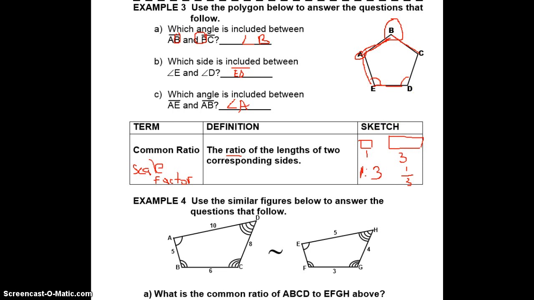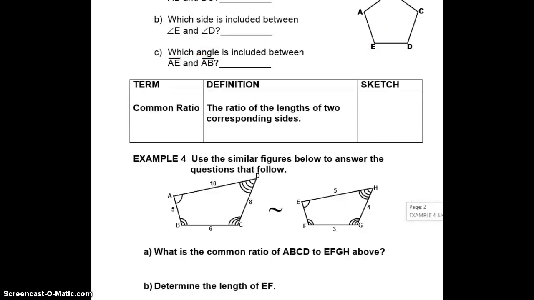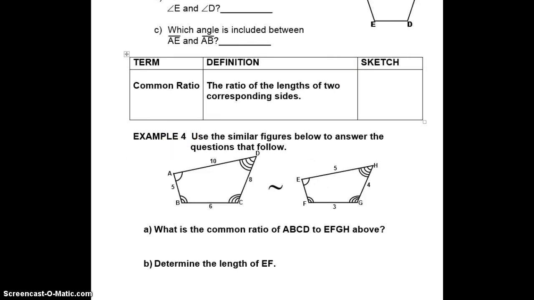Okay. All right, so let's take a look at this example, and let's see it put into action. And we've got two quadrilaterals that are similar, and we want to find the common ratio between them. Okay, so we're just going to pick sides that correspond. So here we go. The 10 corresponds with the 5.